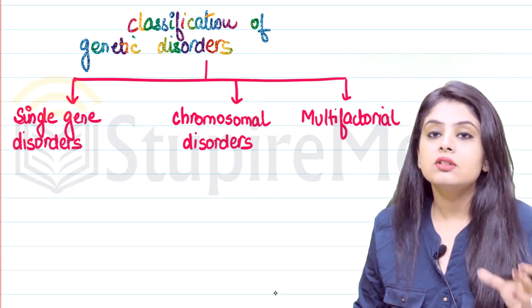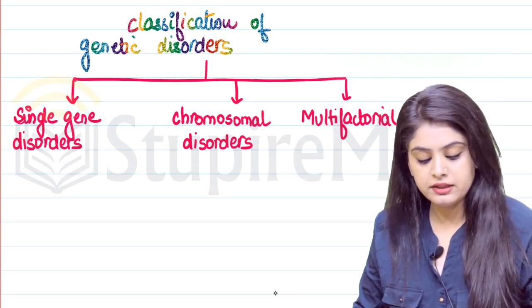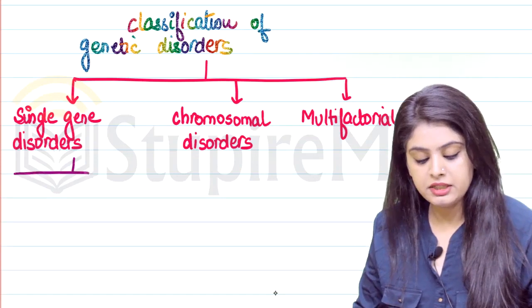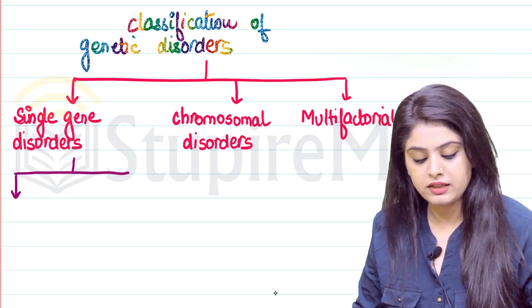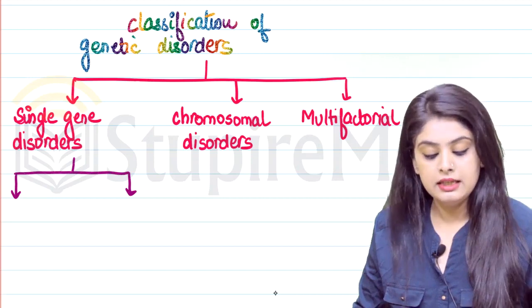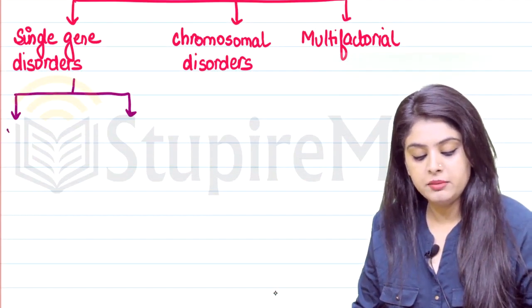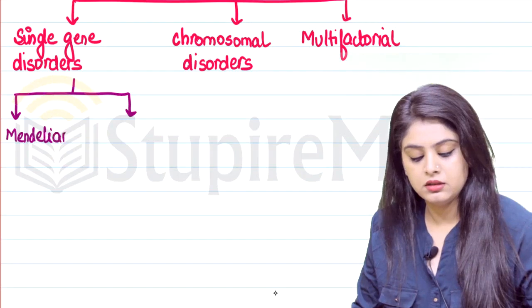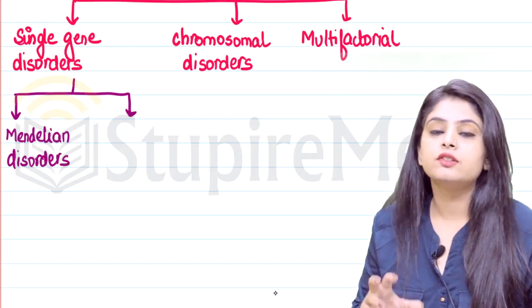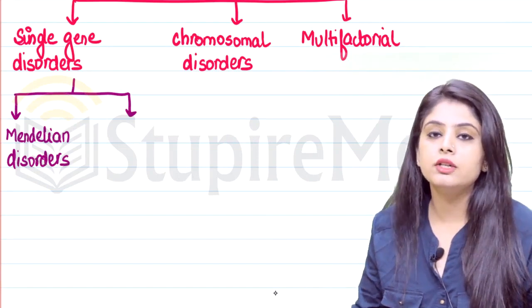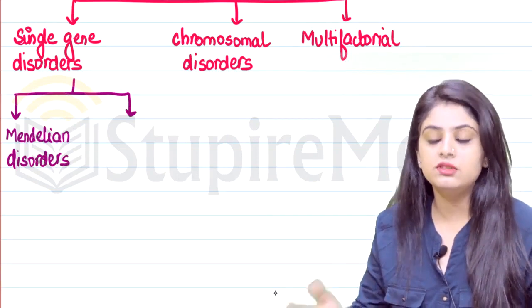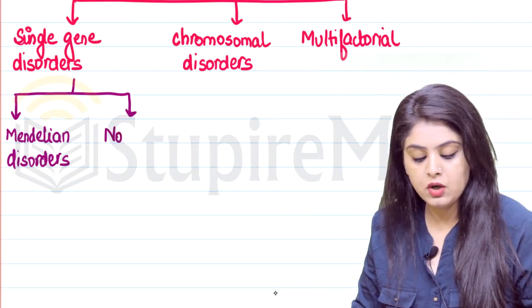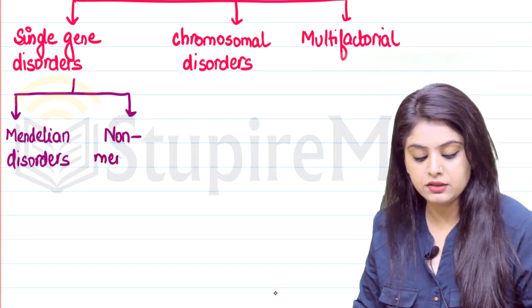When we are talking about single gene disorders, these can further be taken up into two categories. Single gene disorders can either be Mendelian disorders, or the disorders which do not follow the classical Mendelian rules automatically become the non-Mendelian disorders.